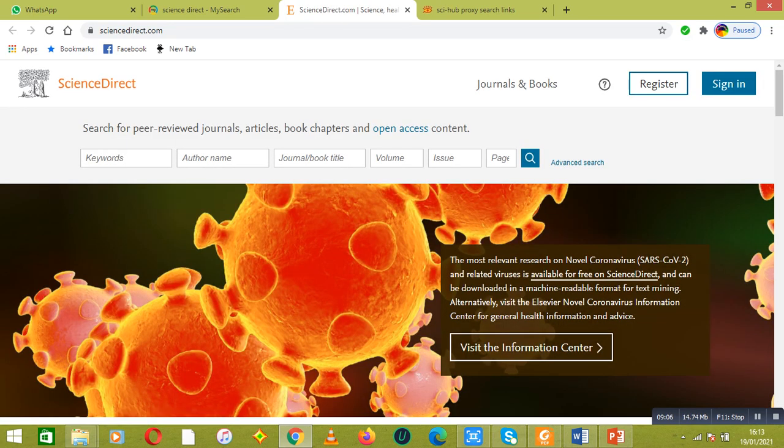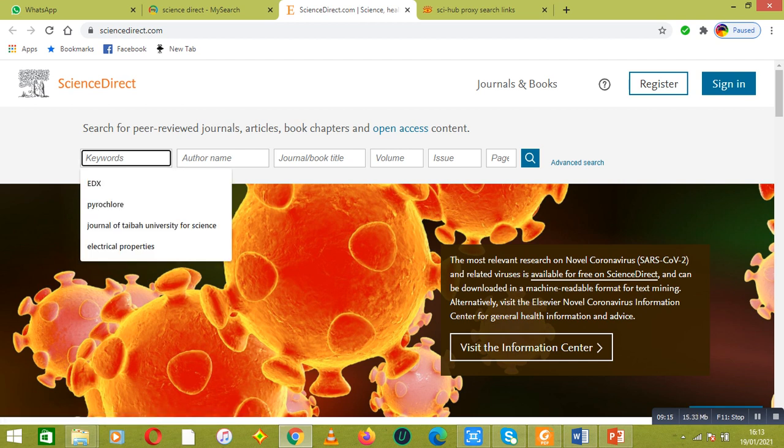The first column is about keywords, meaning what kind of paper you want, what topic you want. If you are working on solid oxide fuel cell, you should write here solid oxide fuel cell. If you want papers related to anode material, you should write here anode material for solid oxide fuel cell.